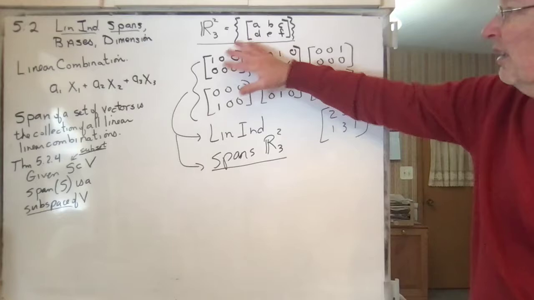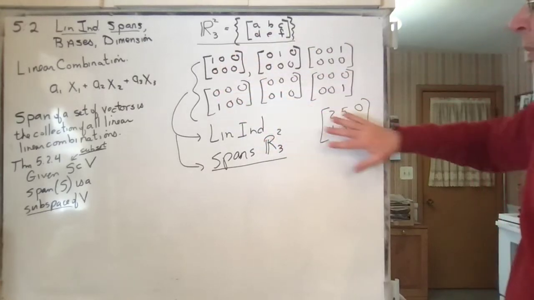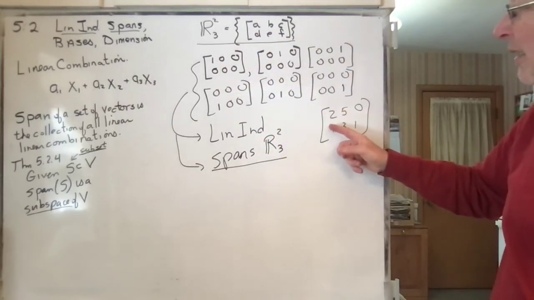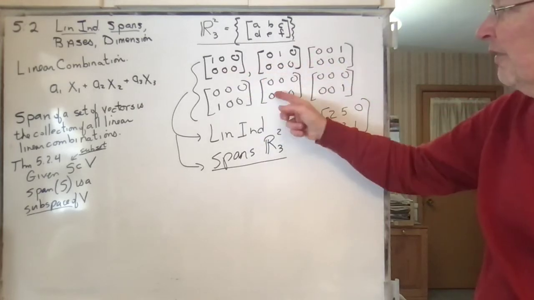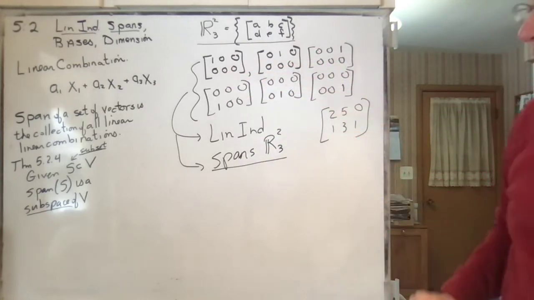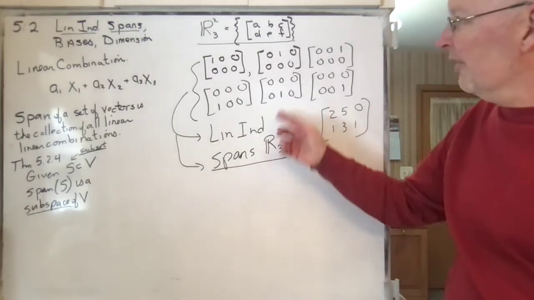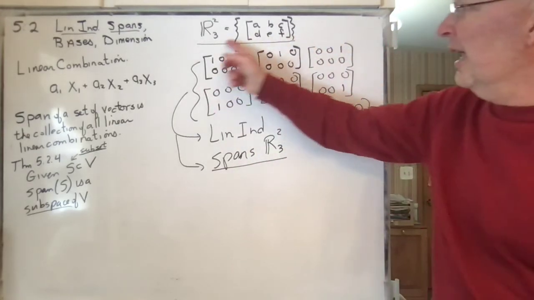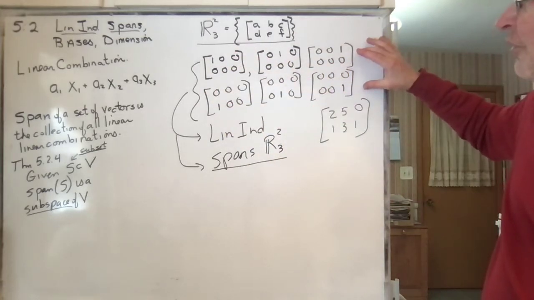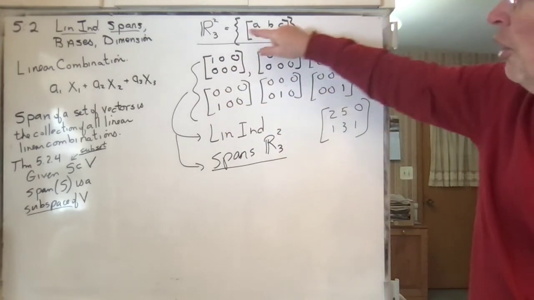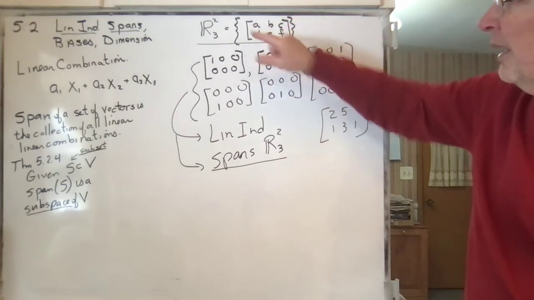So this collection is no longer linearly independent because I can get this one here by taking a linear combination of these. I can get this one. Okay? So this is a collection right here which is the most efficient way to generate all of these matrices.